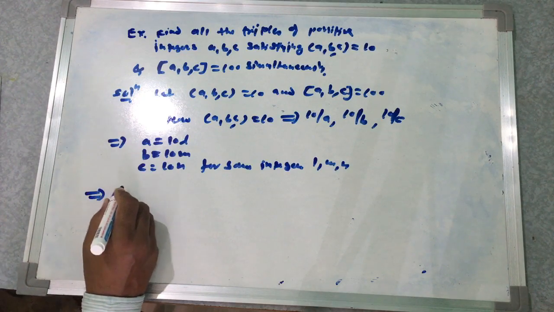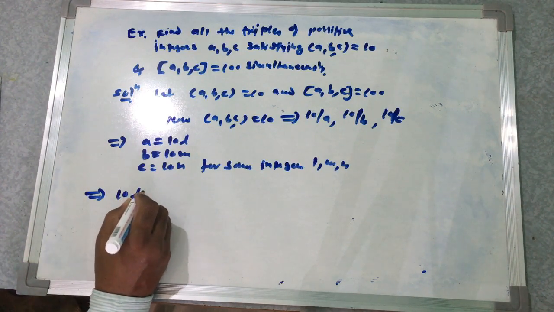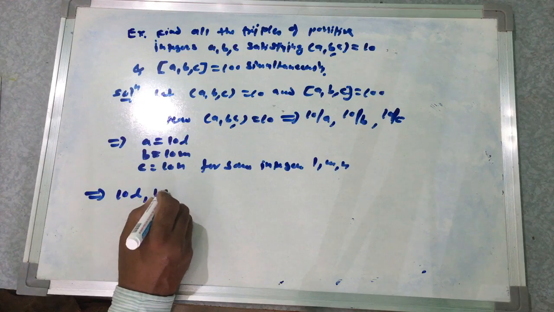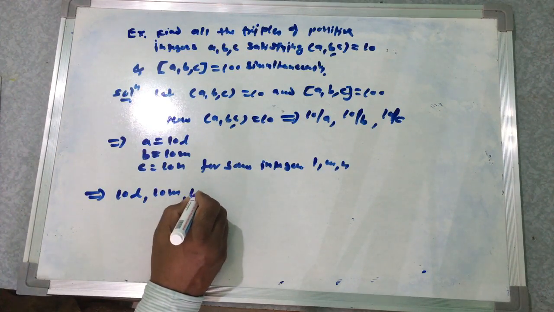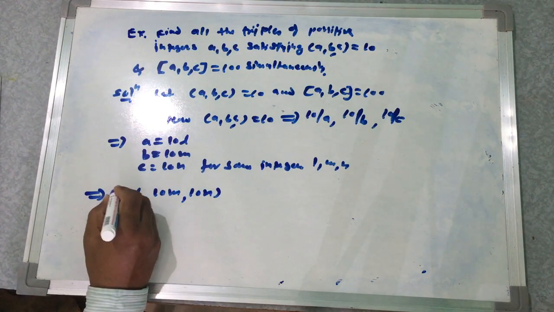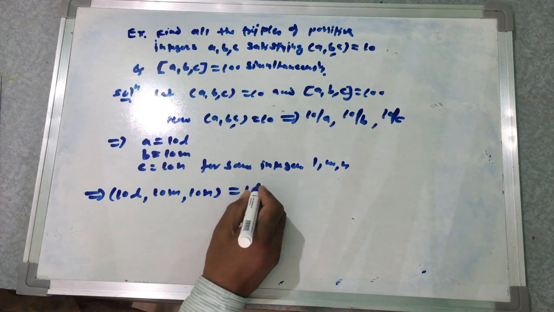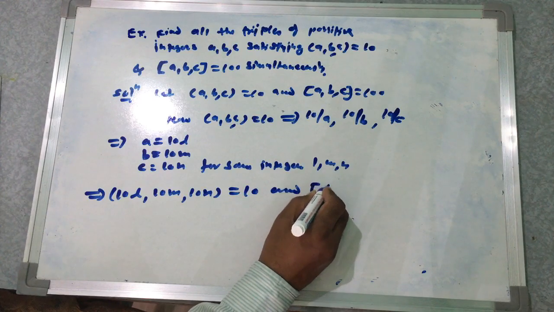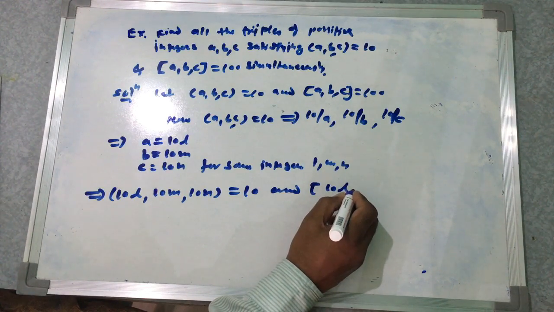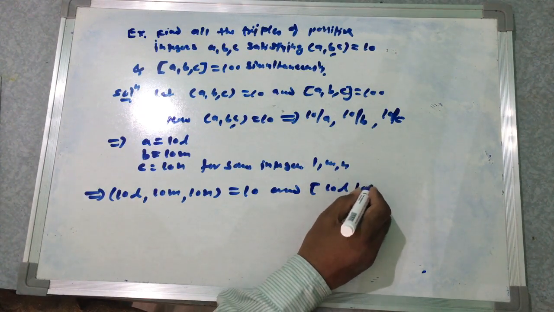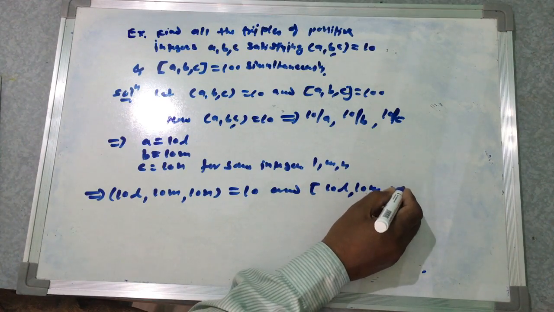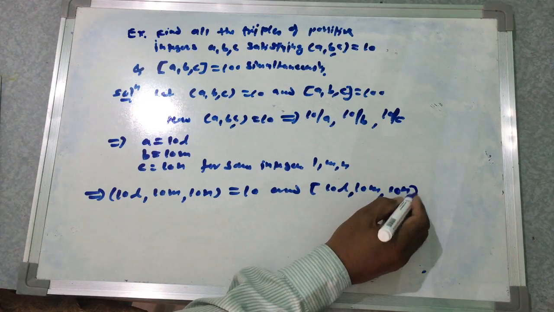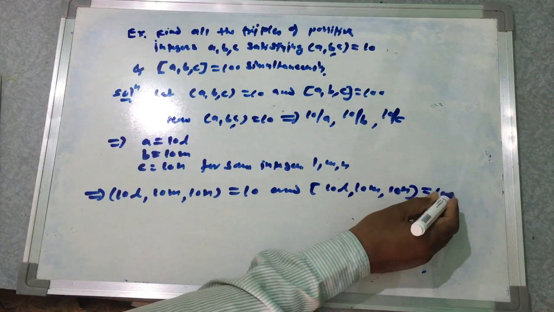So (10l, 10m, 10n) is equal to 10 and [10l, 10m, 10n] is equal to 100.